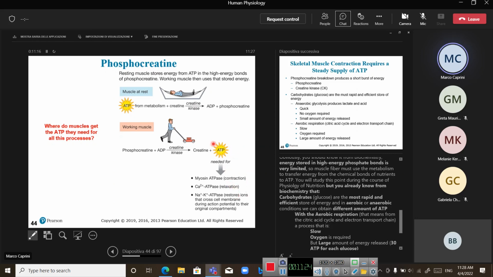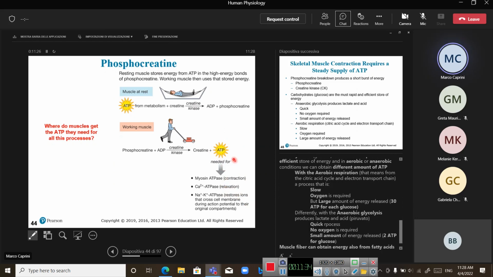And we can obtain from the metabolism of the carbohydrate different amounts of ATP. With the aerobic respiration, okay, you already studied the aerobic respiration in biochemistry, right? We can produce a large amount of ATP, a large amount of energy, 30 ATP for each glucose molecule, but the process is slow.